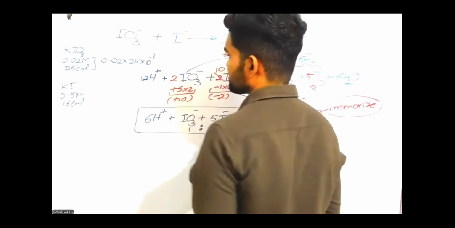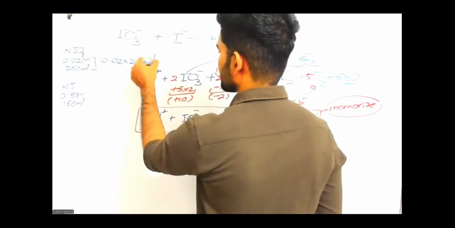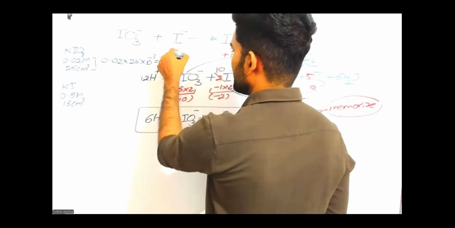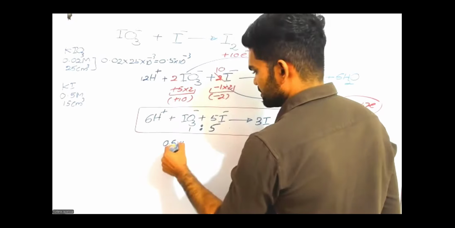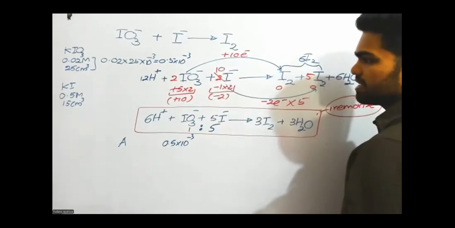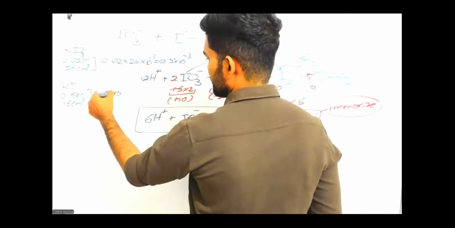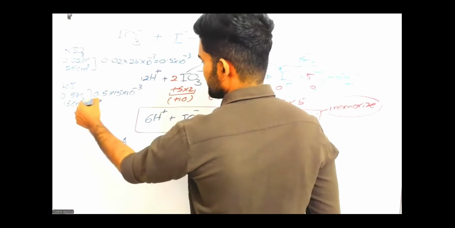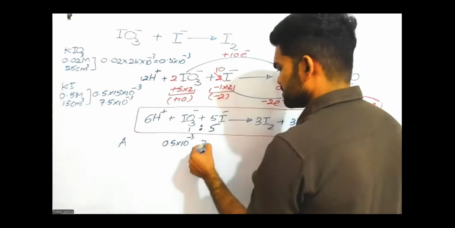So it's like 0.5 into 10 to the power minus 3. That is added. And I minus this one, 0.5 into 15 into 10 to the power minus 3 means 7.5 into 10 to the power minus 3. Somewhat higher moles, no?